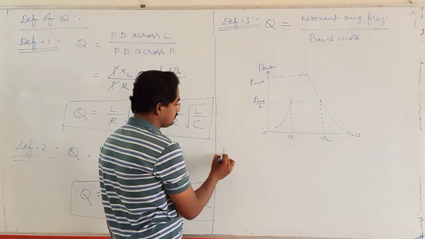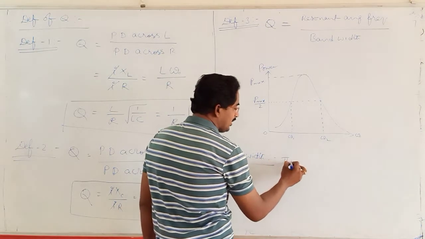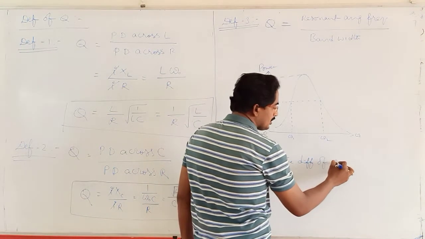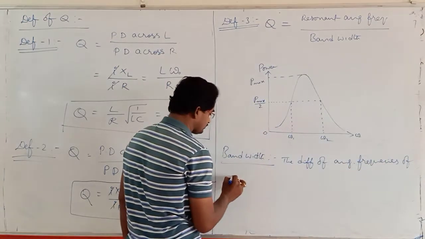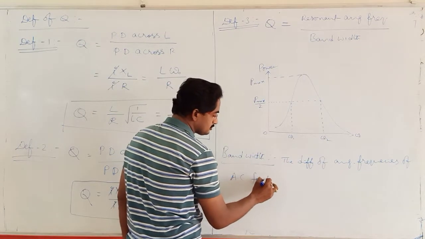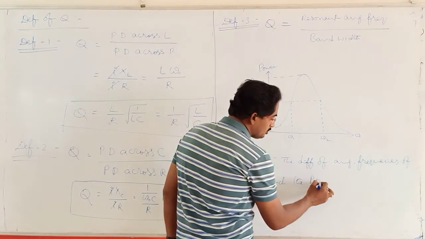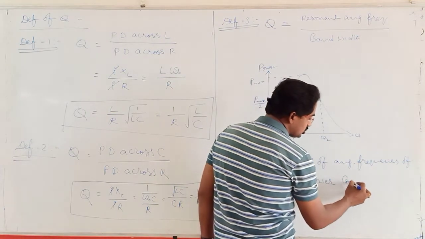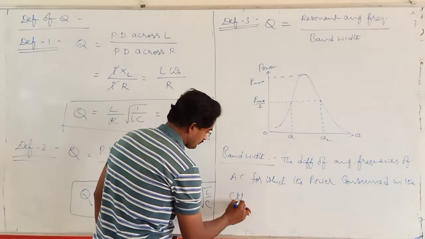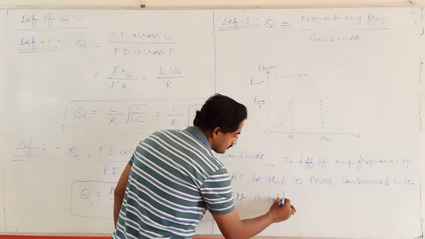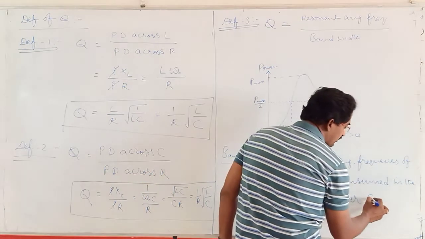So bandwidth means the difference of angular frequencies of AC for which the power consumed in the circuit is half of the maximum power consumed.